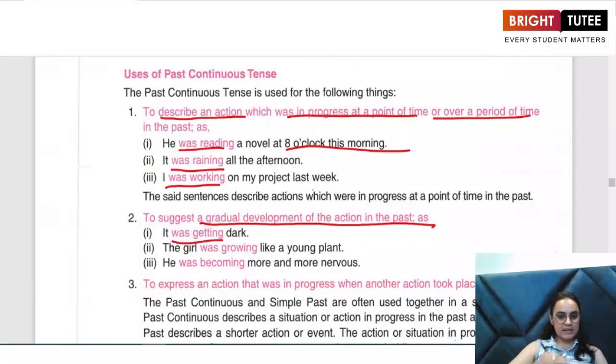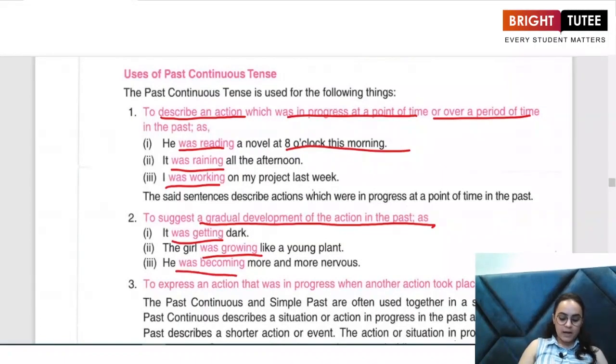Now, when it gets dark by the evening, it is not suddenly that it turns dark. It is a gradual darkness that covers the sky. The girl was growing like a young plant. When something is growing up, that growing up is also gradual in nature.